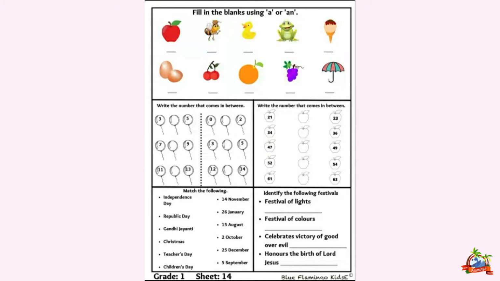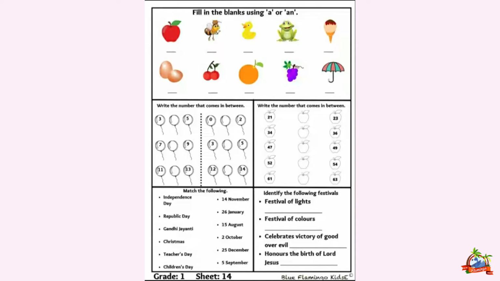B, C, D, F, G, H, J, K, L, M, N, P, Q, R, S, T, V, W, X, Y, Z. All these letters are consonants. Okay, there are total 21 consonants and 5 vowels. So we will write a before consonant and an before vowel.